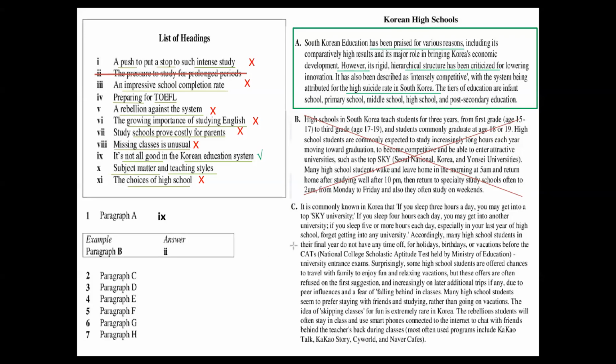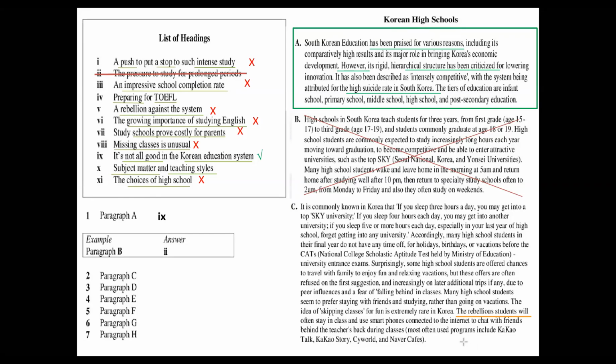they explain about the rebellious students. In the last sentence, the rebellious students will often stay in class, and in the sentence before, they explain about some high school students being offered a chance, but this offer is often refused.